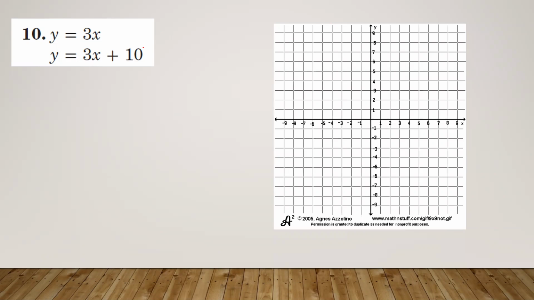So the first thing you should do here is sketch these parallel lines on a graph. So for y equals 3x, I'll do this one in red, your y-intercept is 0, and then your slope is 3. So you would go up 1, 2, 3 over 1.